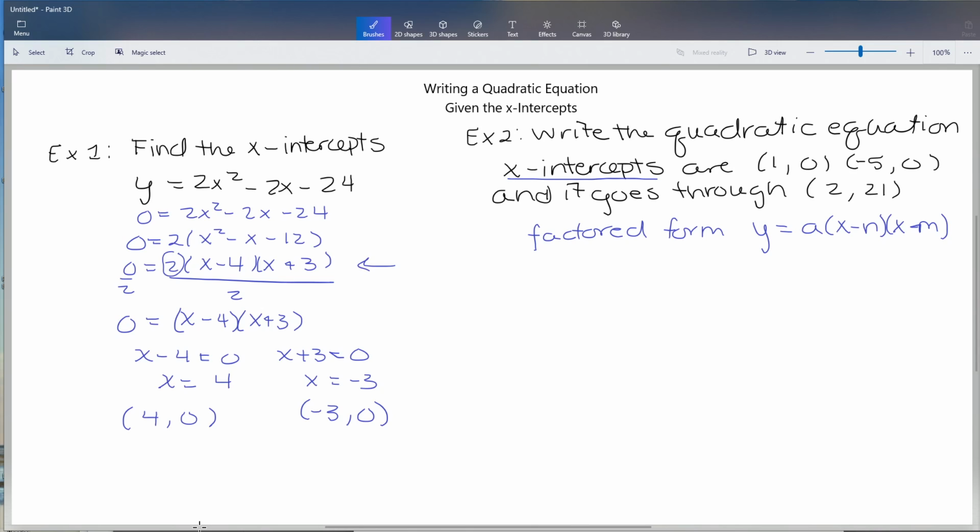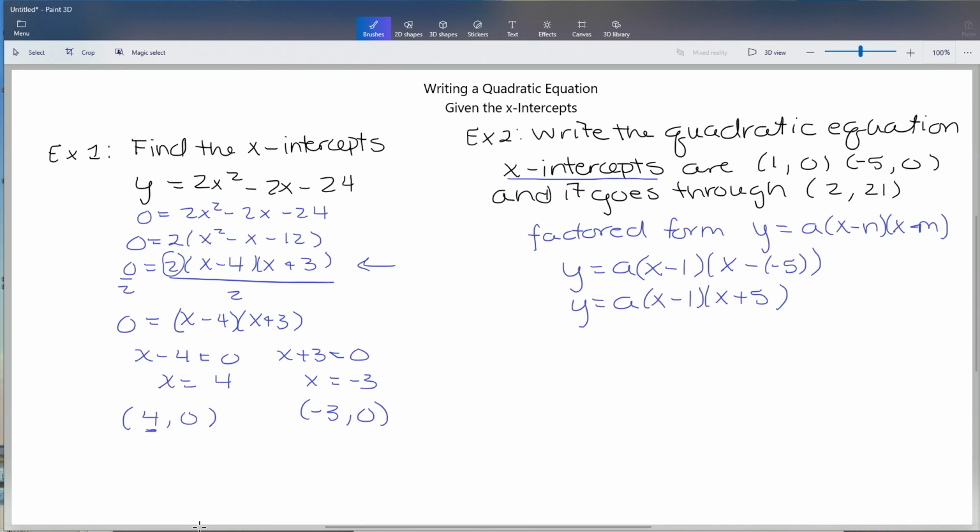And I know that my two factors are going to come directly from my x-intercepts, right? So I'm going to have x minus 1, my first x-intercept, and my second one is going to be x minus negative 5, right? Or x plus 5. So just like we saw over here, right?